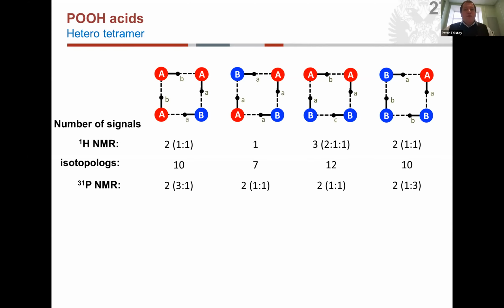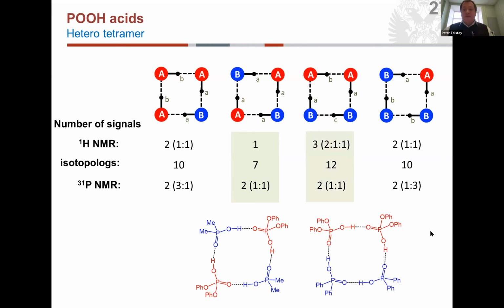So the one we are looking at perfectly matches just one of the tetramers: 1 proton signal, 2 phosphorus signals of equal intensity, 7 isotopologues. So we assign it to this tetramer of phosphinic and phosphoric acids. There are some other cases where we also found tetramers of not alternating molecules, but just forming this kind of 2x2 cycle.